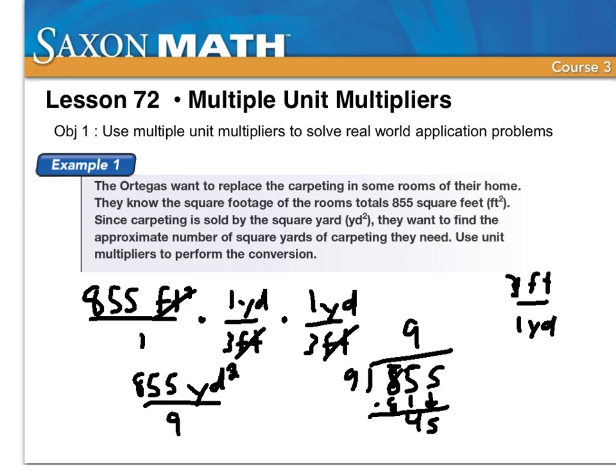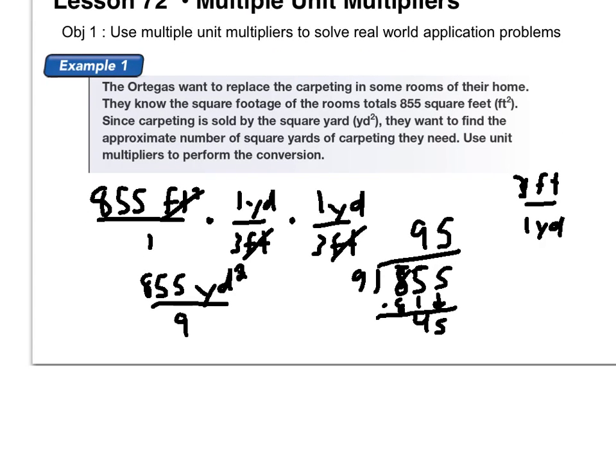And 9 goes into 45 5 times. So that's 95 yards squared. So again, I needed the 2 unit multipliers to go from feet squared to yards squared. Let's go on to another example.